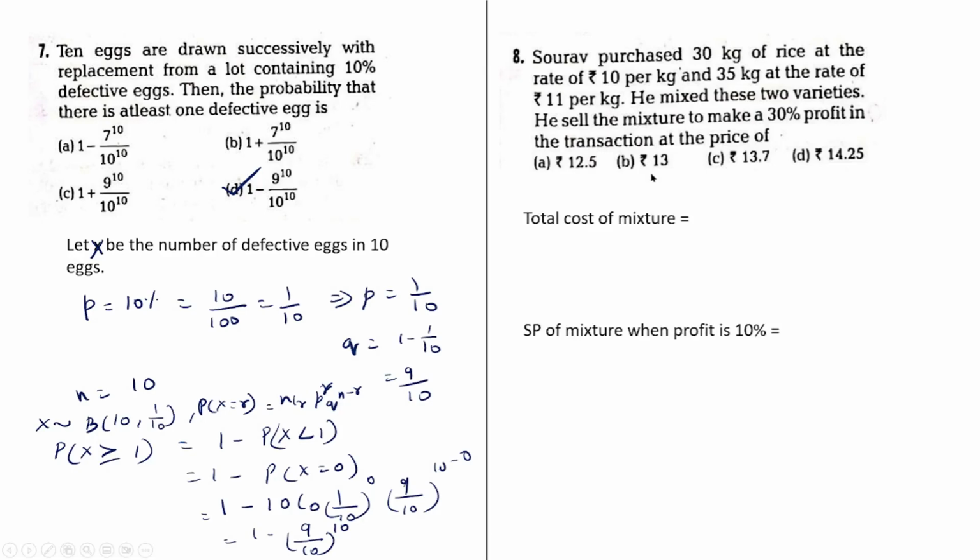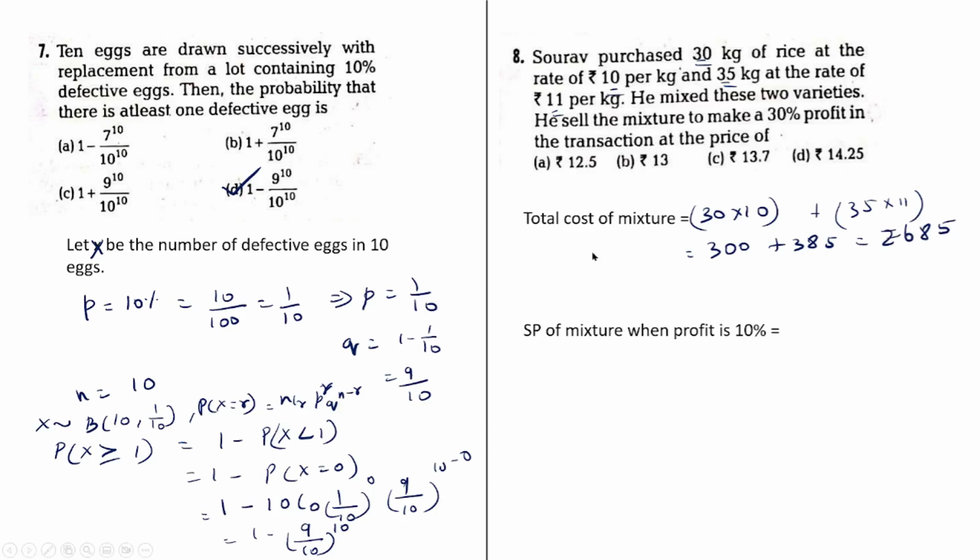So here the total cost of the mixture is, he buys 30 kg at rupees 10, 30 into 10, plus he buys 35 kg at rupees 11, 35 into 11. So this is equal to 300 plus 385, which is rupees 685.